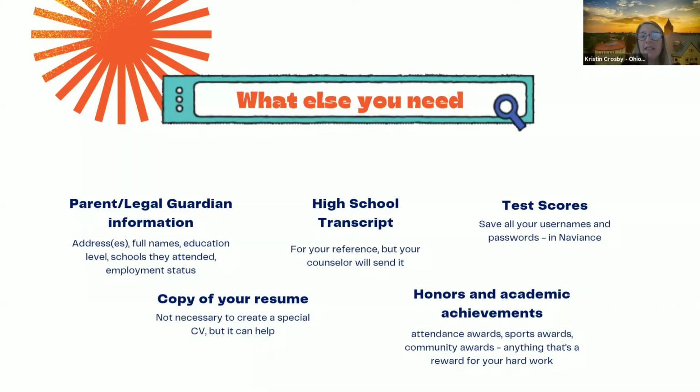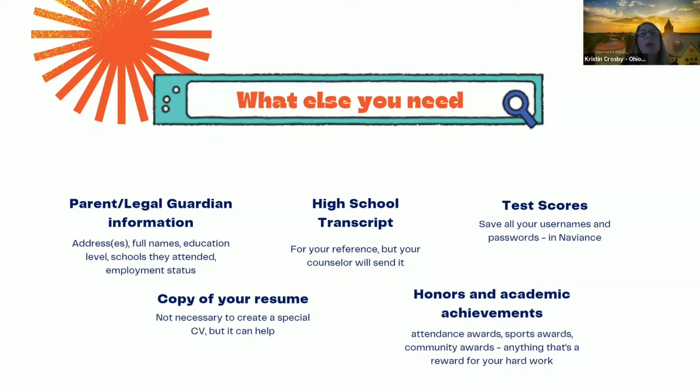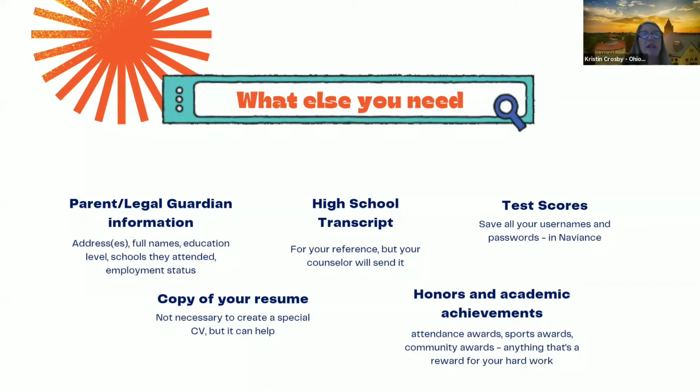If you are taking standardized testing, you will want to save your test score somewhere, passwords to those accounts. You should also have a copy of a CV or resume. It's not really necessary, but when you're going through the activities section, it can help save time and organize if you just have a CV that you've already typed up to refer to, maybe even upload it into the additional information section.